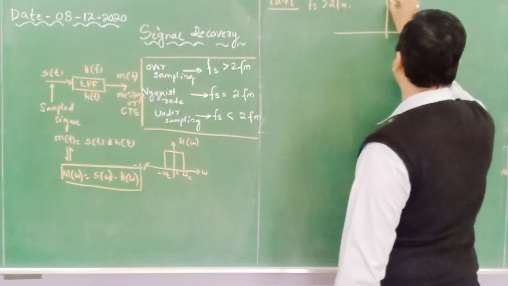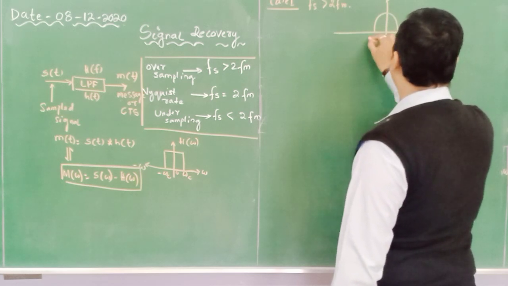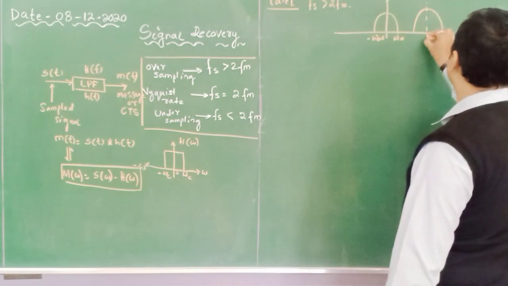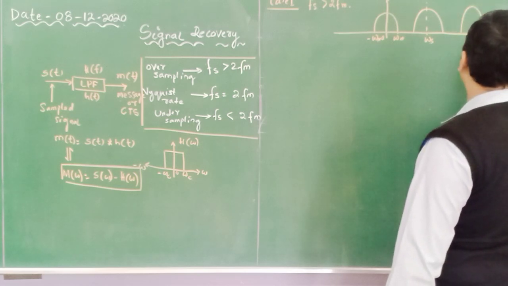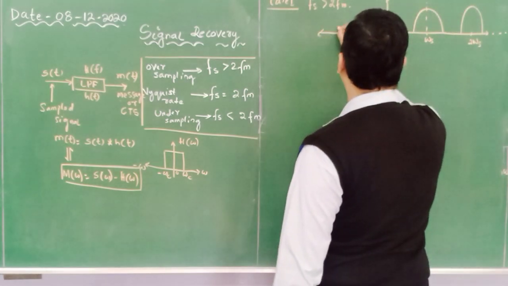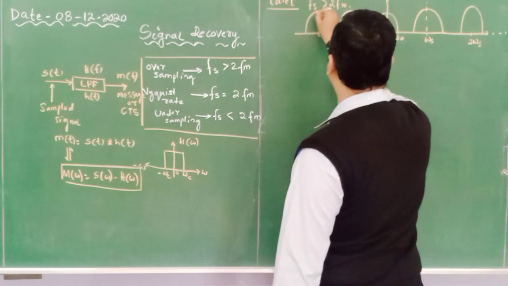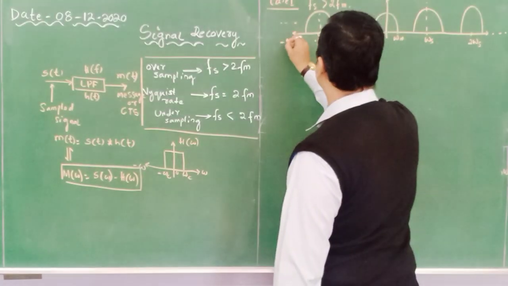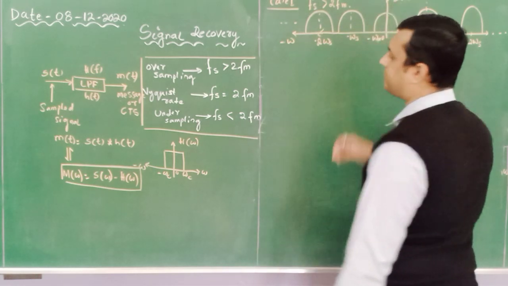My spectrums are: this is 0, this is omega m, minus omega m, this is omega s, this is 2 omega s, and so on up to infinity. Similarly, on the left-hand side I can represent minus omega s, minus 2 omega s, and so on. So this is my S(omega), the sample signal.